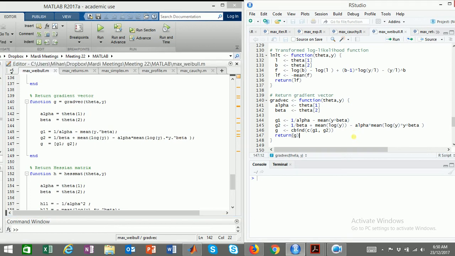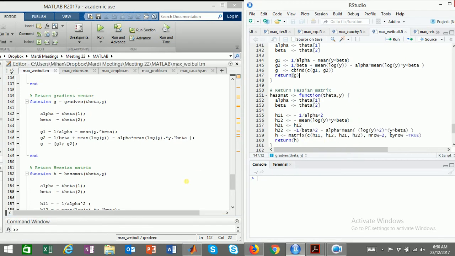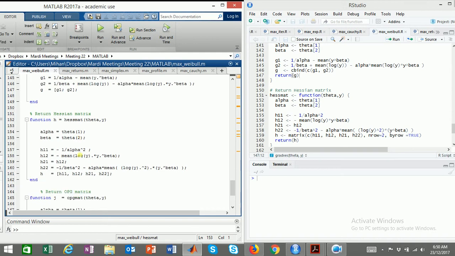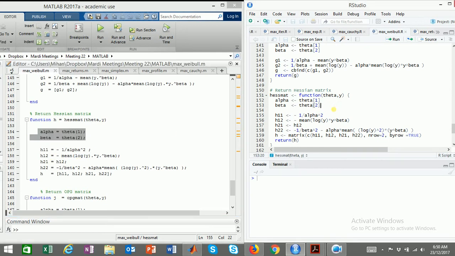This is coming from what we have discussed, we have shown you. Return the Hessian matrix, c-bind Hessian matrix H11, H12, H21. Remember, H21 equals H12, they remain the same, and H22.